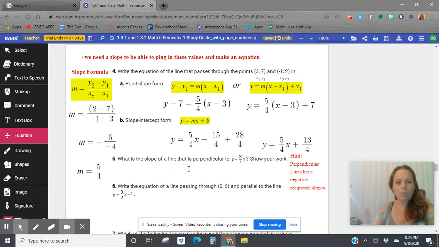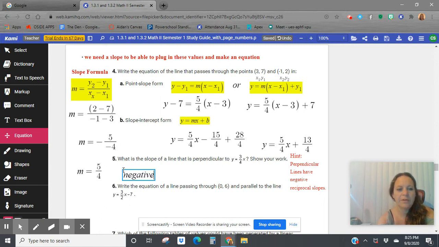Okay. What is the slope of a line that is perpendicular to this? Show your work. So when we have a slope of 3/4, the slope of a line perpendicular is the negative reciprocal. Hint, perpendicular lines have negative reciprocal slopes.